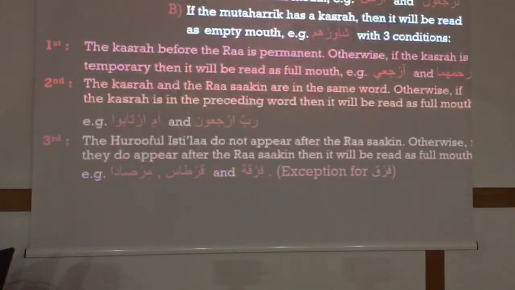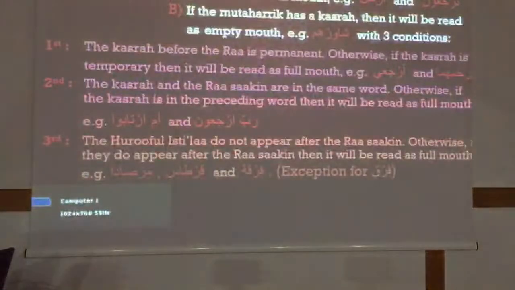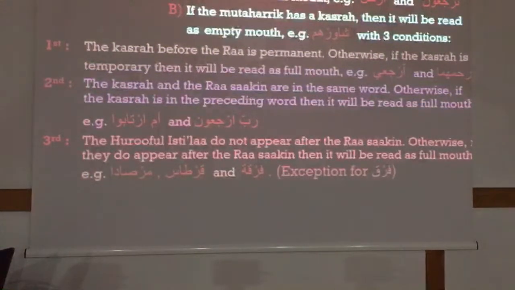So see, in the first condition, the kasra before the ra needs to be permanent. The second condition for the ra sakin to be empty is that the kasra and the ra sakin need to be in the same word. They need to be in one word, same word, okay? So when we look at the B, can you see right at the top, B?